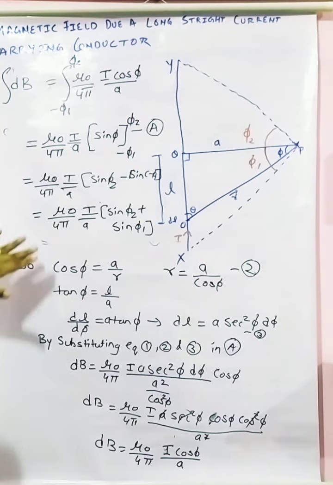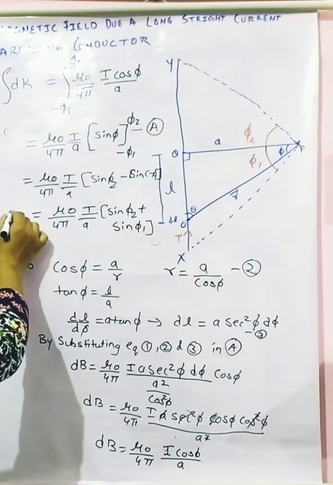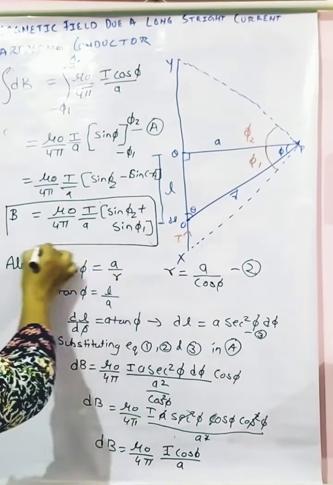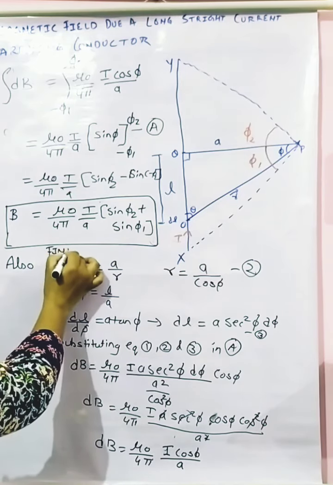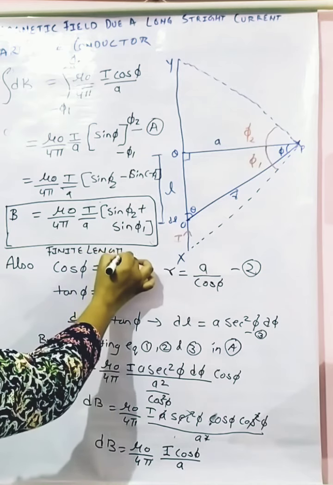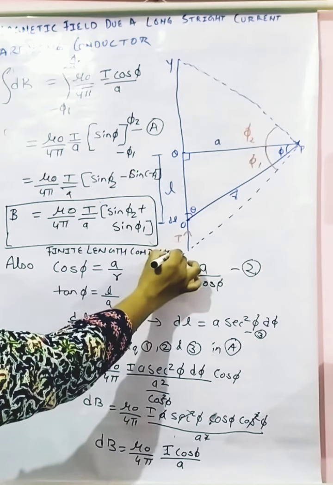Because we don't have the values of phi 1 and phi 2, that is why I am not writing 2 here. In the previous case I will tell you why I wrote 2 there. So this will be the expression for your finite conductor of length XY. This is the expression for a finite length conductor.